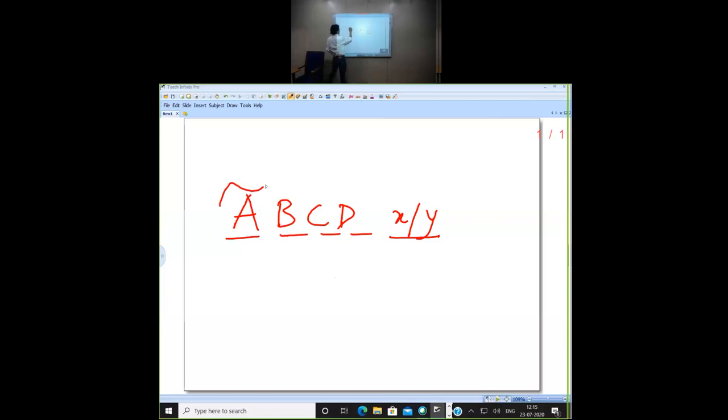These alphabets will denote what type of cooling media is being used. So this alphabet has a meaning, and this numerical value has a different meaning.